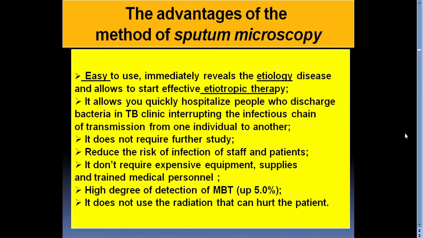The advantages of the method of sputum microscopy. Easy to use, it immediately reveals the etiology of the disease and allows us to start effective etiologic therapy. It allows you to quickly hospitalize people who discharge bacteria in a TB clinic, interrupting the infectious chain of transmission from one individual to another. It does not require further study.